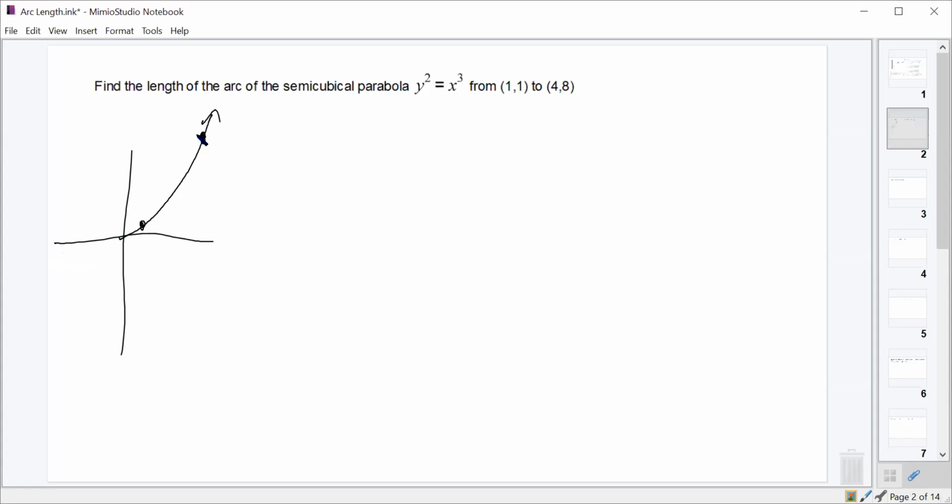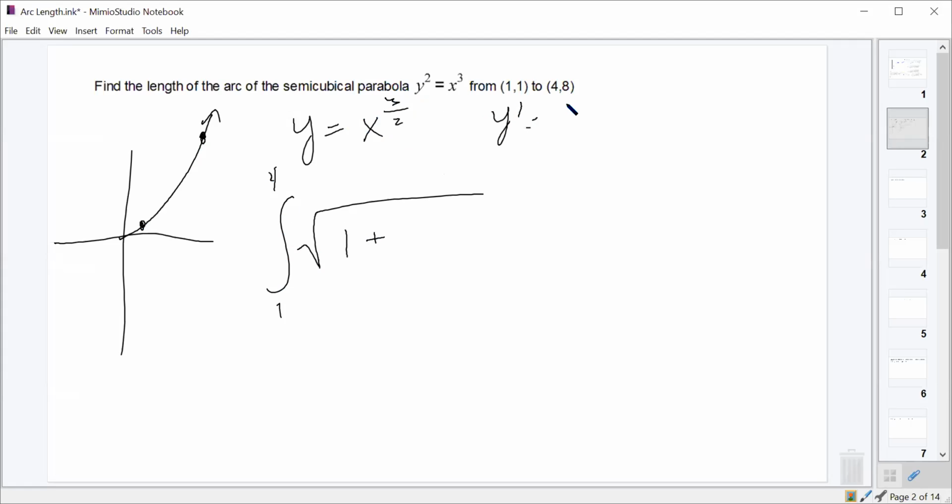So first off, we're going to say that y is x to the 3/2, and that our formula ought to be an integral from 1 to 4, so from our x value to our other x value, of the square root of 1 plus the derivative of this. So what's y prime?